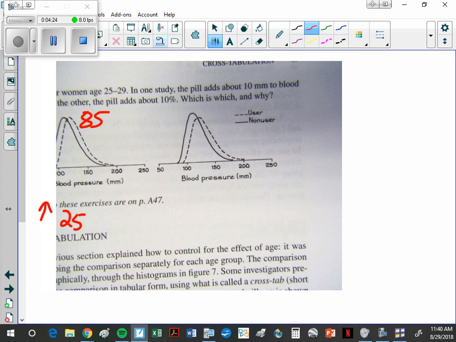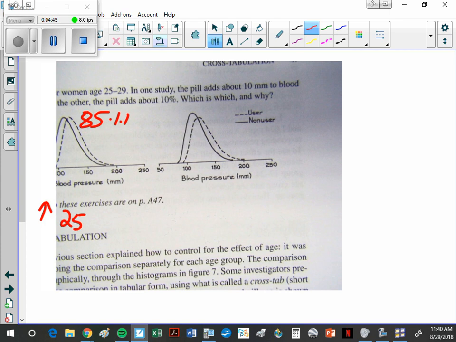How do we go down 25%? You multiply by 0.75, right? You keep 75%. How do we go down 10%? Multiply it by 0.9. So if I want to go up 10%, I multiply by 1.1.